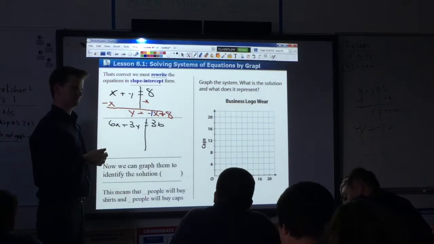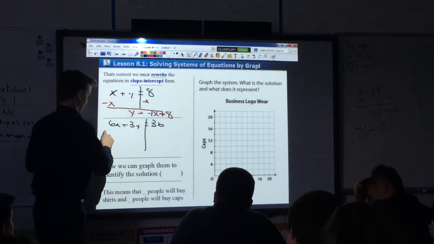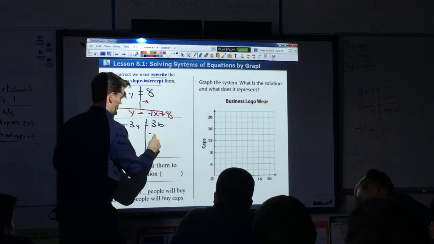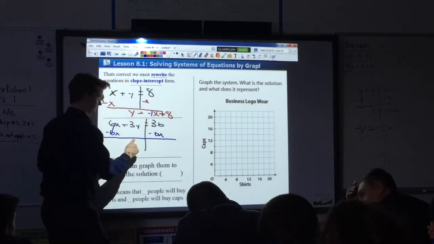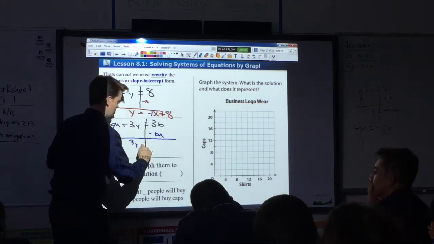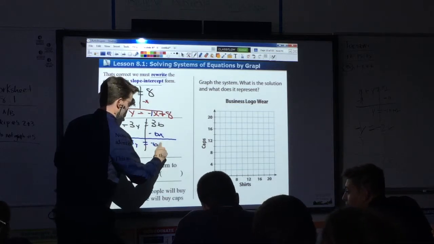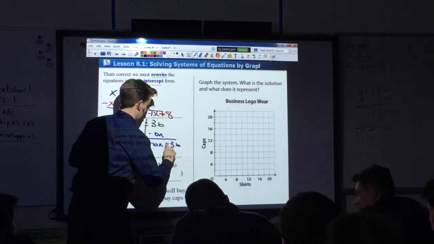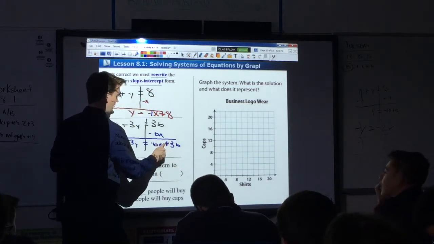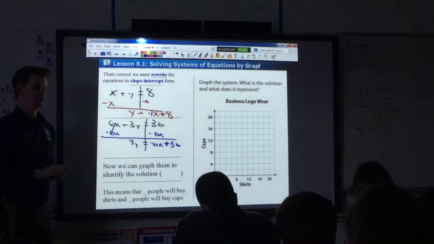You minus the 6x, is what I have here. Okay. Minus 6x, minus 6x, and these will cancel, and I'm going to have 3y equals negative 6x plus 36. Okay, so we've gotten to that point. The question is, do I have y alone now? No, I have to do something.